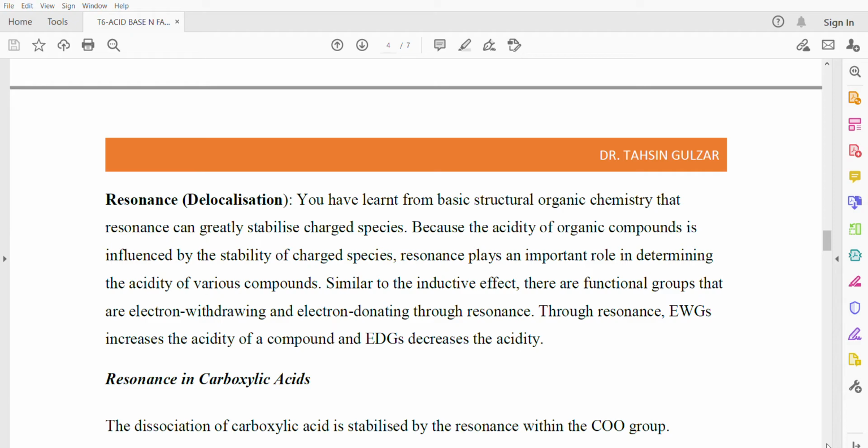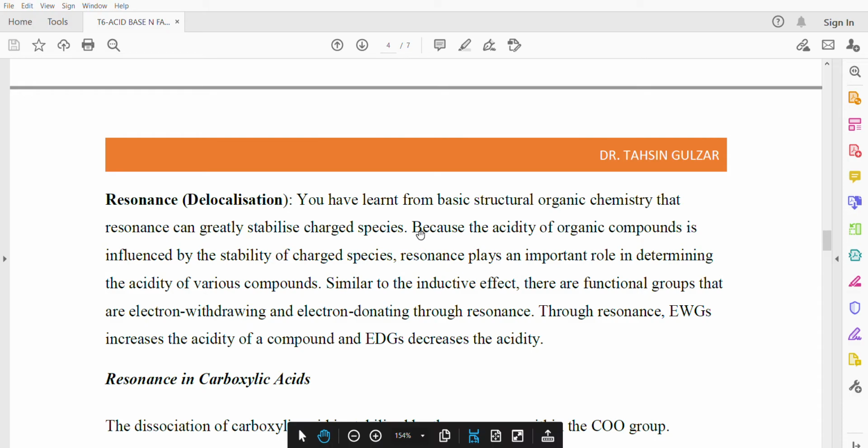Two resonating structures, and you show them as equivalent, or the best explanation is the dotted line with the negative charge between two oxygens. So this is actually delocalization, and you have made resonating structures of the acetate anion.